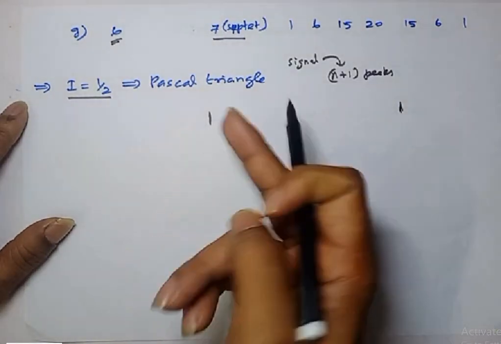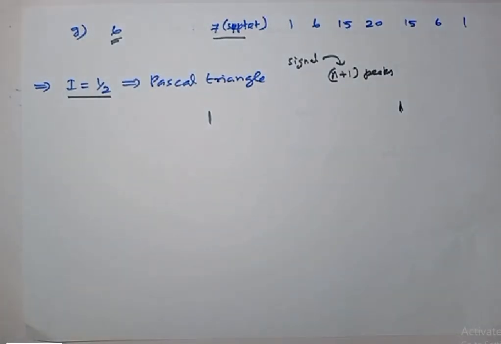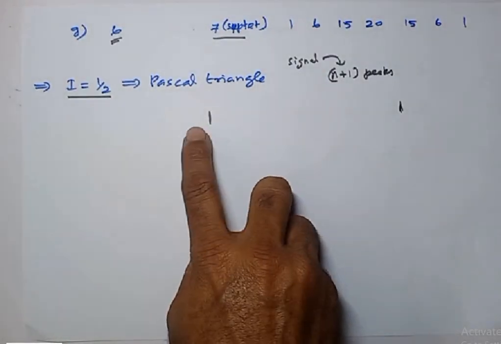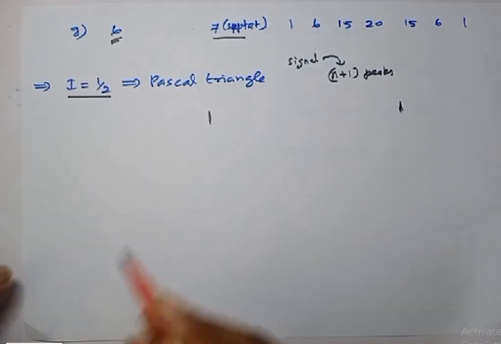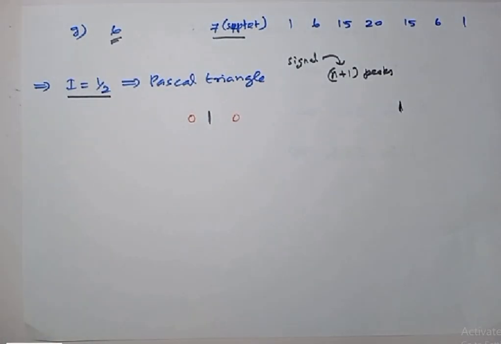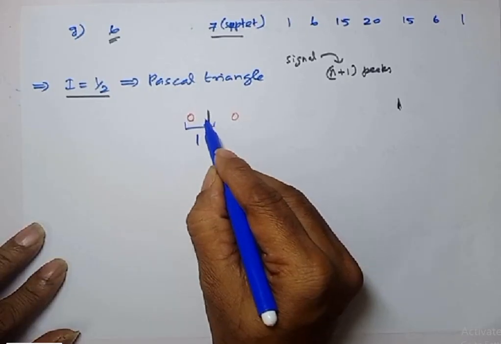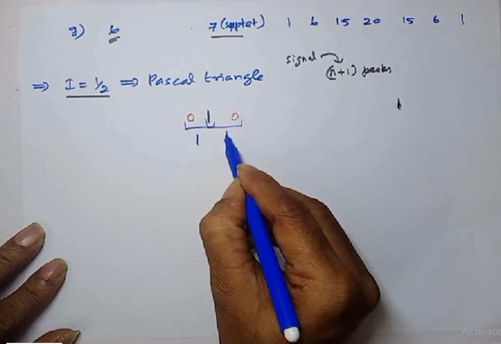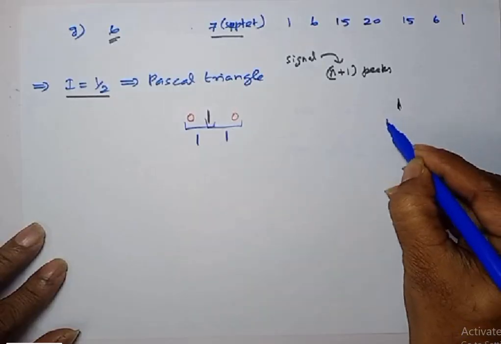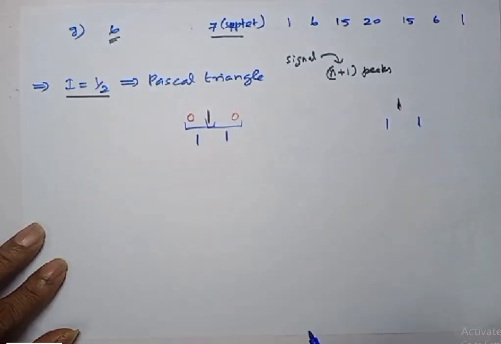Now to find the intensity of the next, what I'm going to do is add 2 zeros, one on each side of the number 1. Now add the numbers pairwise, the first 2 numbers and the next 2 numbers. 0 plus 1 is 1. Then 1 plus 0 is 1. So we get 2 signals in the intensity ratio 1:1.